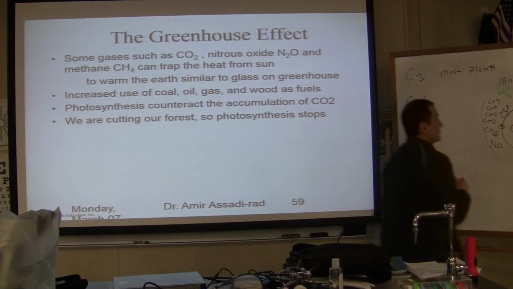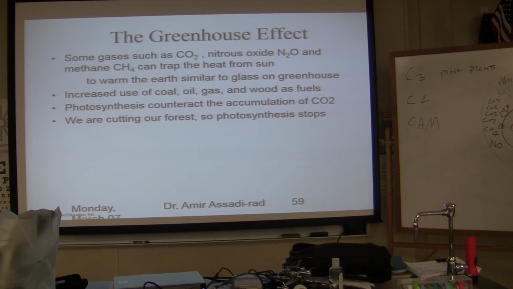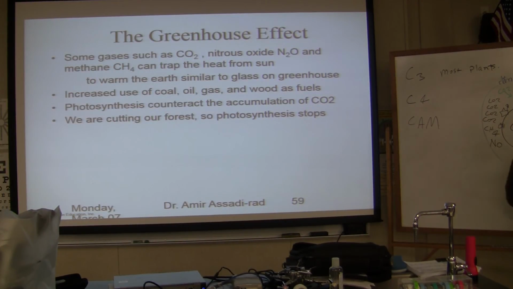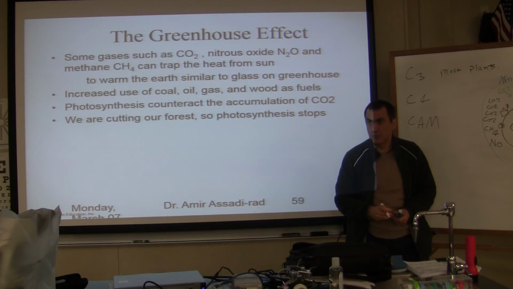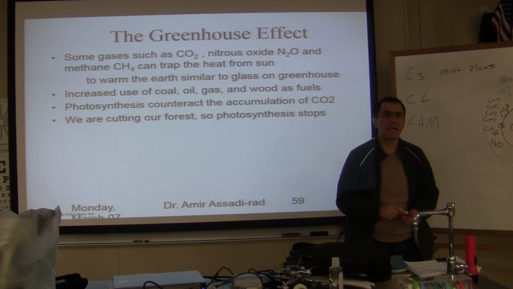And then here we go, you have the sun. The sun sends rays, of course, for photosynthesis. Not only light comes from the sun, heat comes from the sun as well.